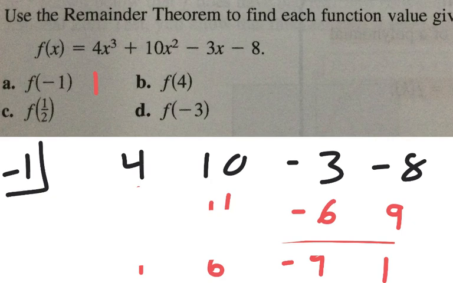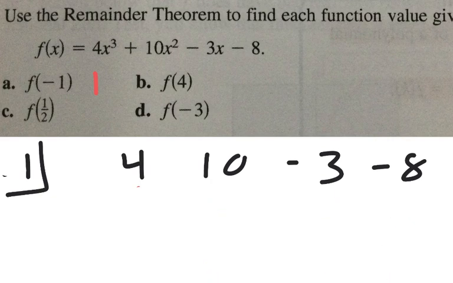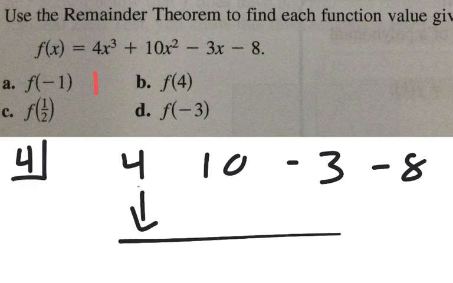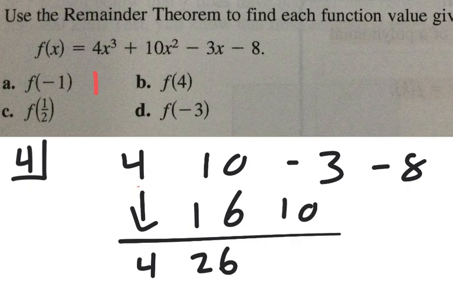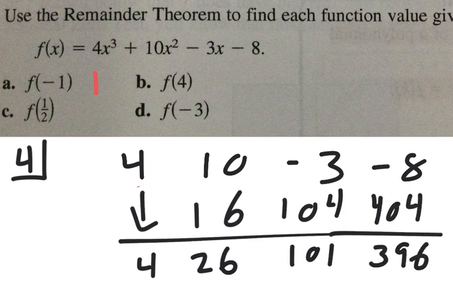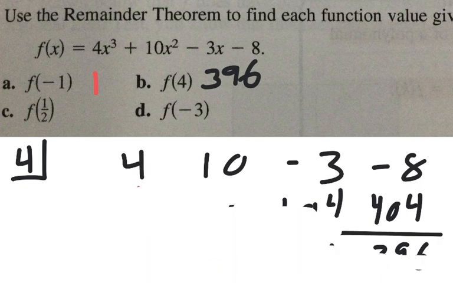Okay, so when I plugged in negative 1, I got out positive 1. And I'm going to plug in 4. I get 396. Next I'm going to plug in a half.